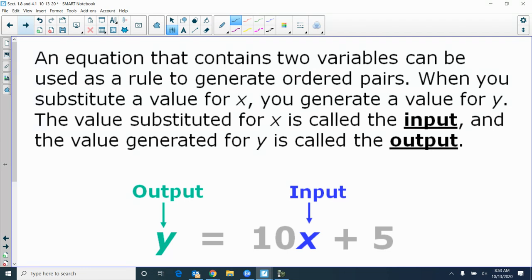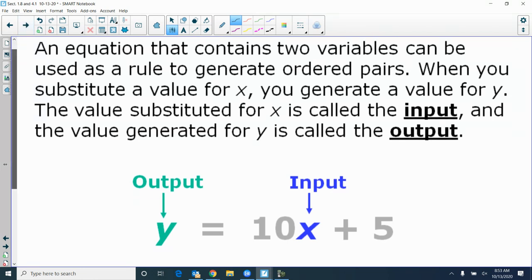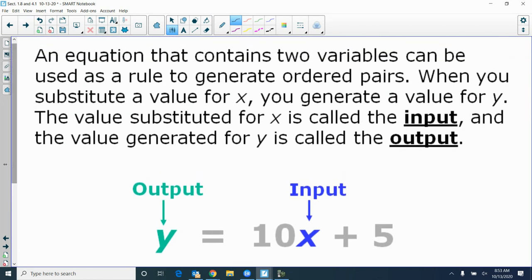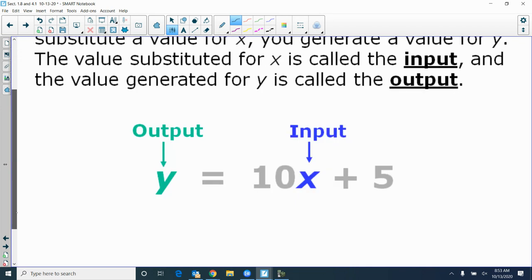All right, now we're going to deal with equations in two variables, like we have an x and a y. Before, it just had an x and we solved for that x, but now we're going to end up getting graphs. When you substitute a value for x, you generate a new value for y. The x is typically called the input, the y is called the output, and you usually get an ordered pair.